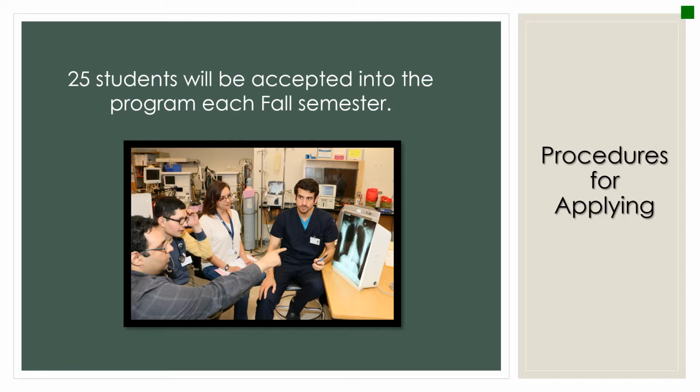GPAs will be ranked, and your math score will be ranked. If math course 151/154 or higher is on your transcript, this will be ranked for points for admission. Then if the general education courses are already completed, those will also be given 2 points each towards admission.